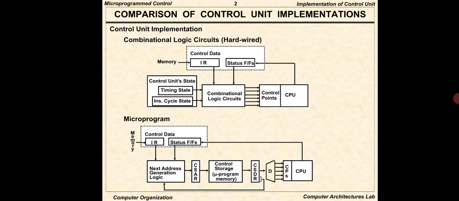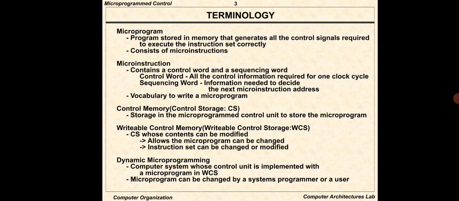CSAR is your control storage address register, and the second one is your control storage data register. These two registers store the address and data values based upon my control storage memory.